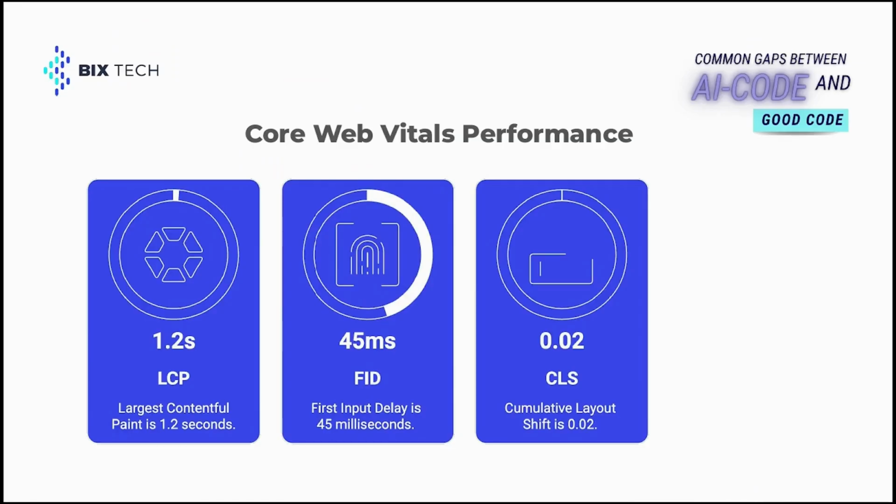Now, talking about our numbers, because this is where we really see the magic happening. Our LCP, the largest contentful paint, was 1.2 seconds. The FID, first input delay, is 45 milliseconds. The CLS, cumulative layout shift, is practically 0.02. In other words, all the metrics here are in the green.